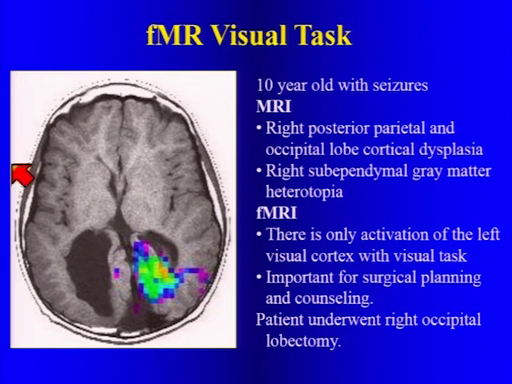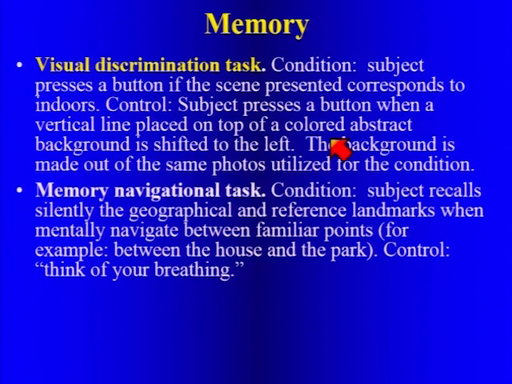Again, you can see there's fairly diffuse, at least parietal occipital dysplasia, there's neuronal heterotopia, and so in this child, they could go on and resect this safely. We mapped out the visual cortex to be exclusively on the left side, which was the more normal side.